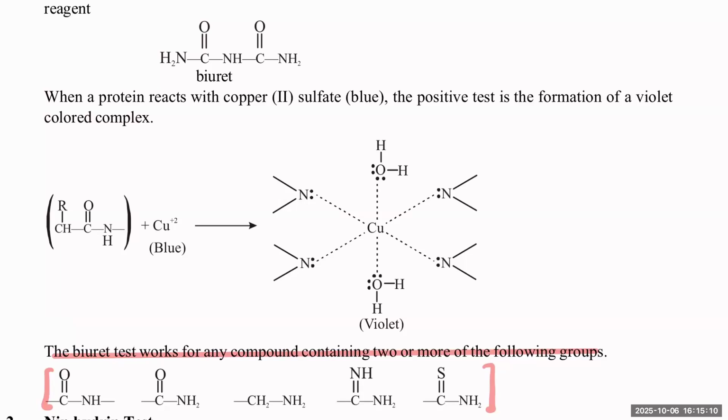You should have peptide linkages, that means at least two amino acids, three amino acids or so. For all proteins, this will give you a positive test because proteins are polypeptides. So the minimum is a dipeptide. If you have a dipeptide, tripeptide, tetrapeptide, for all of them you will get positive. If you have only an amino acid, it is like a monopeptide, then there is no complex formation here.